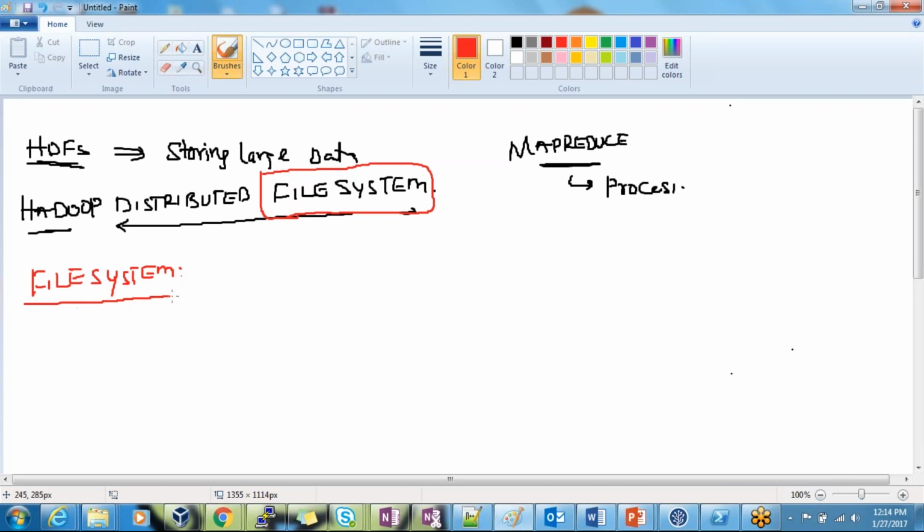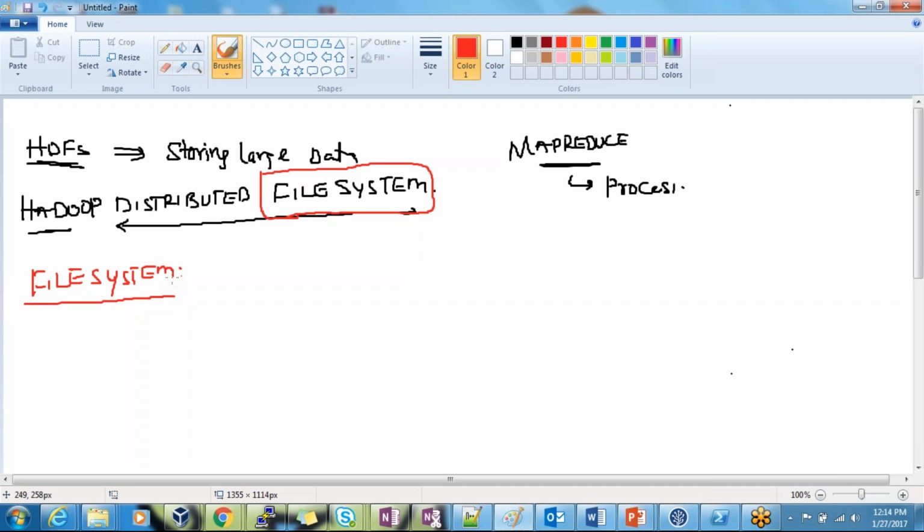What is a file system? A file system is how you store data on a hard disk.